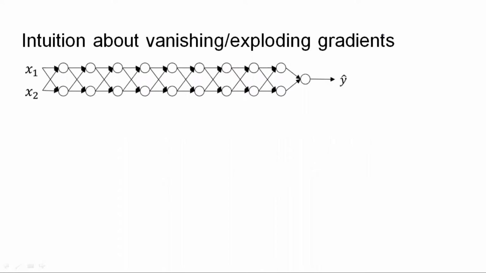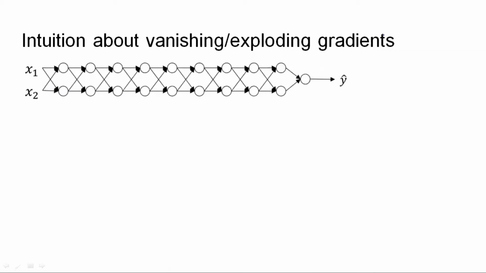This is a deep neural network since it has a large number of hidden layers. Although there are many hidden layers, the number of nodes in each layer is not very large. Each hidden layer has two nodes.